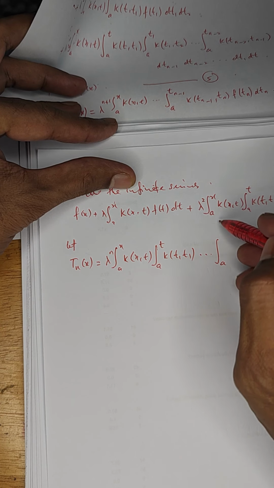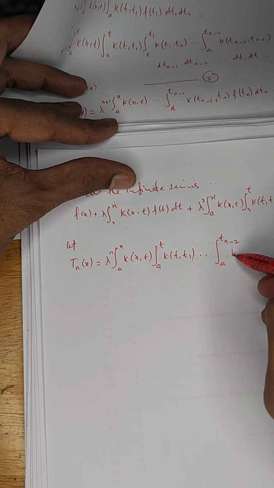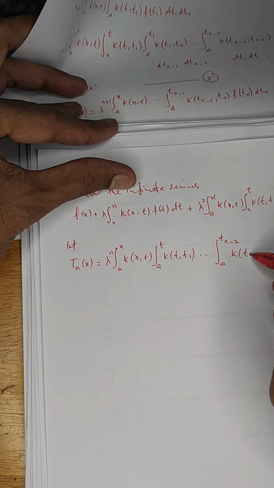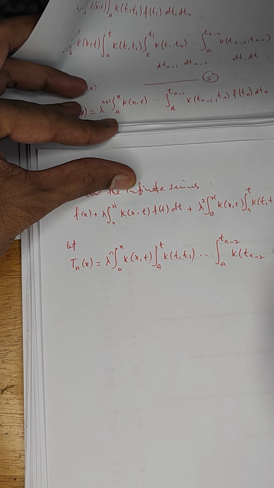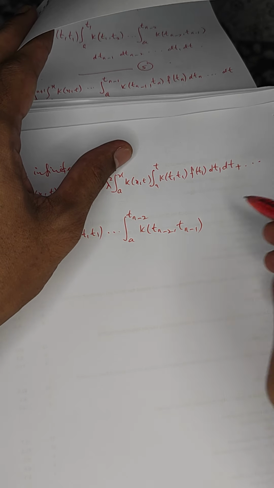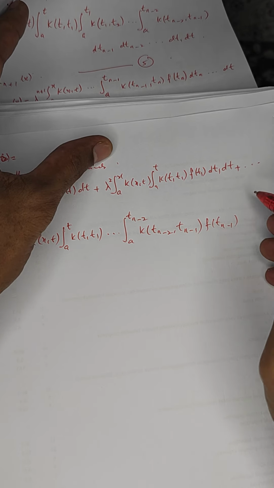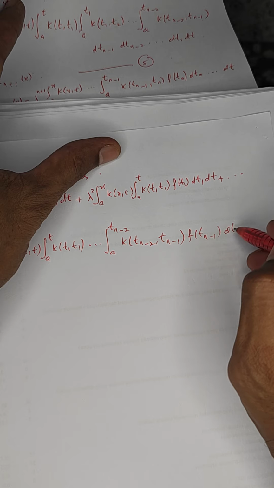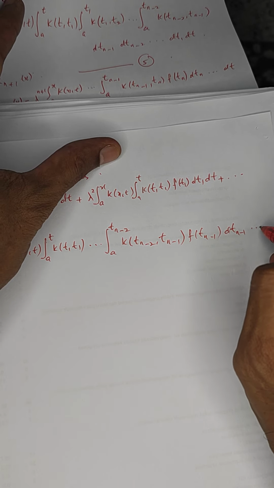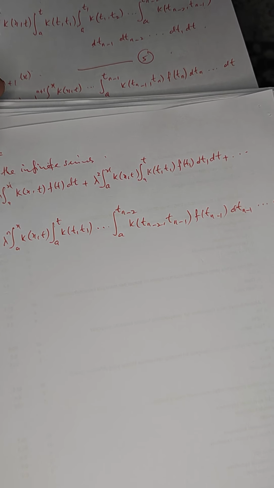So we have the integral from a to t(n-2) of k(t(n-2),t(n-1)) f(t(n-1)) dt(n-1) up to dt1 and dt.